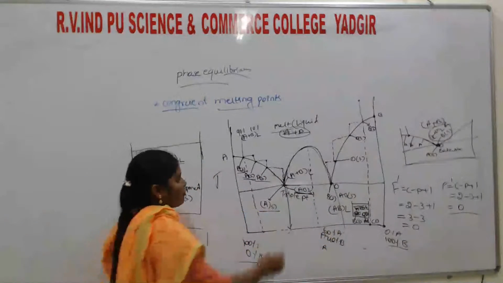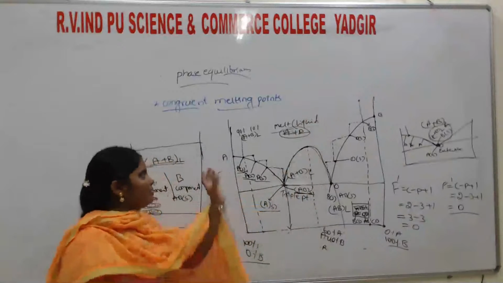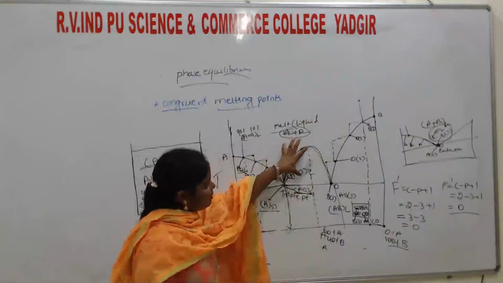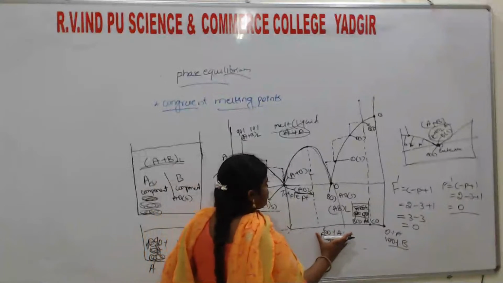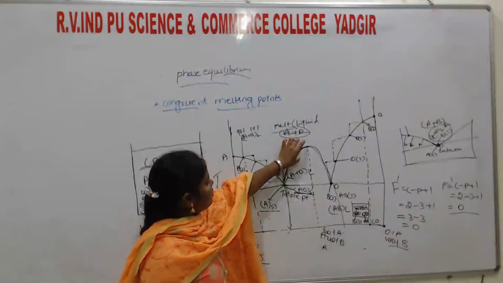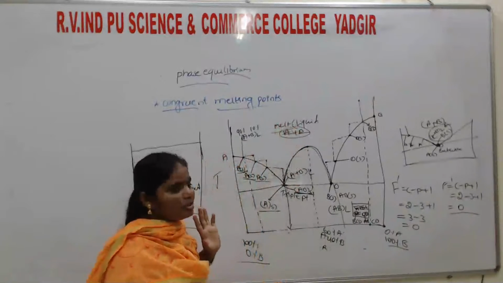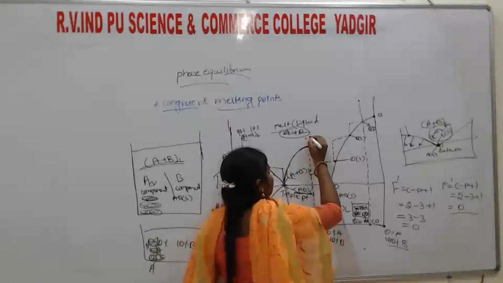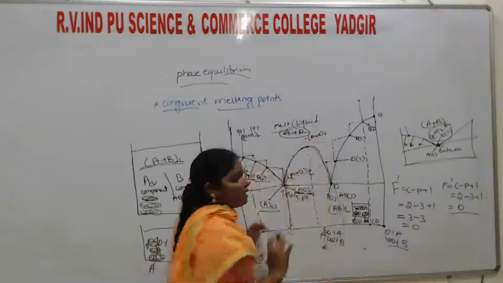Here, in the presence of this melt liquid, I have A component and B component. At this particular temperature and this particular composition, you are decreasing and varying the temperature. Here the A plus B is in a liquid state.